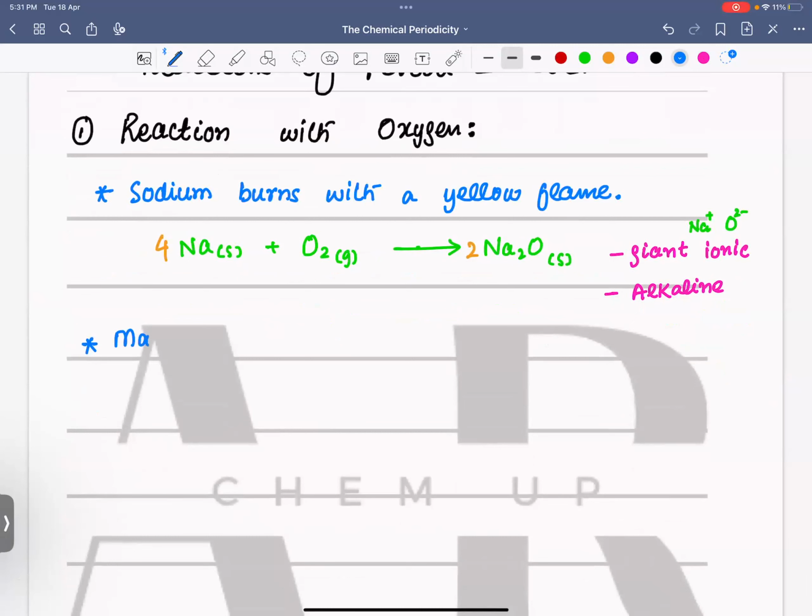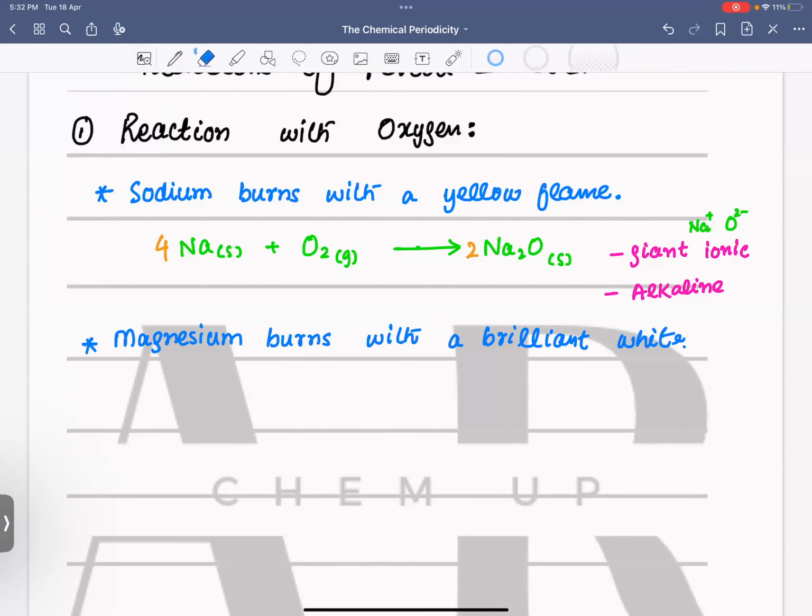So with oxygen, magnesium burns with a brilliant white flame.